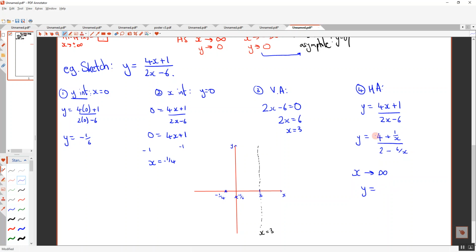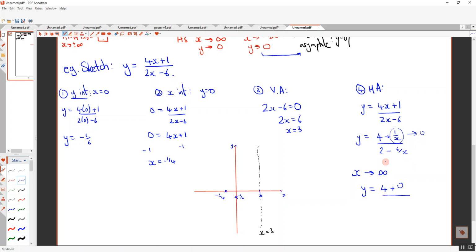Is the 4 affected? No. The 4 just stays the same. What is 1 divided by a massive number? A very small number, close to 0. So that's going towards 0.